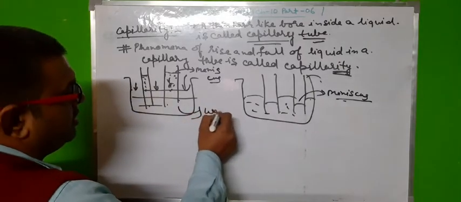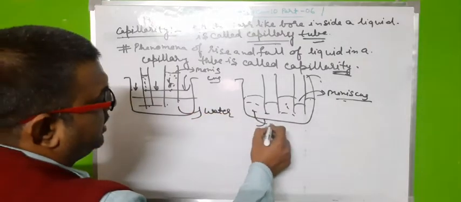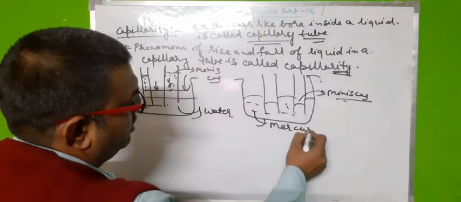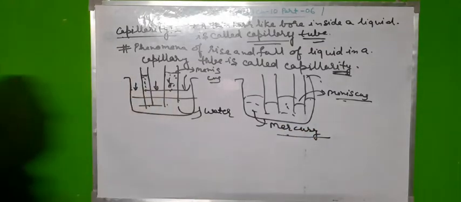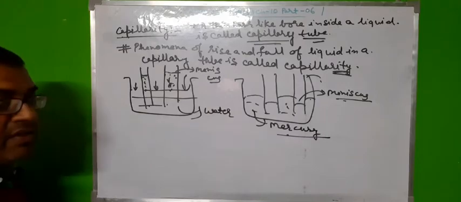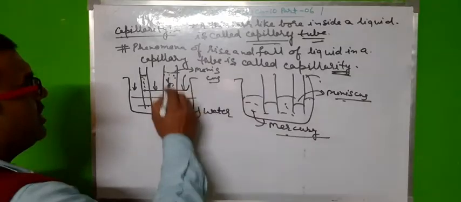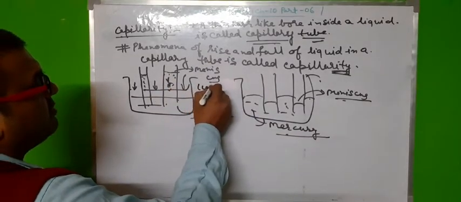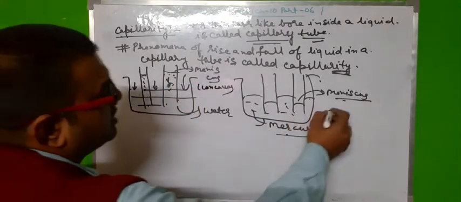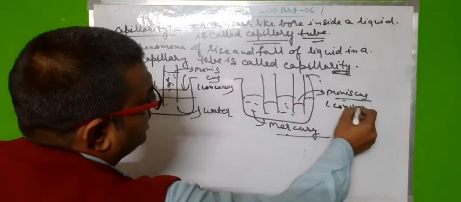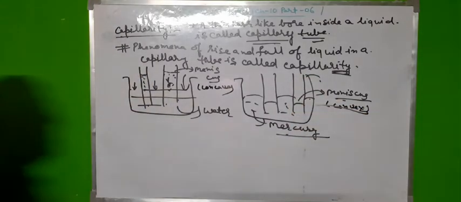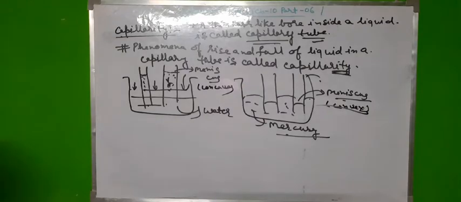Here we have taken water and here we have taken mercury. Mercury has a convex meniscus and water has a concave meniscus.